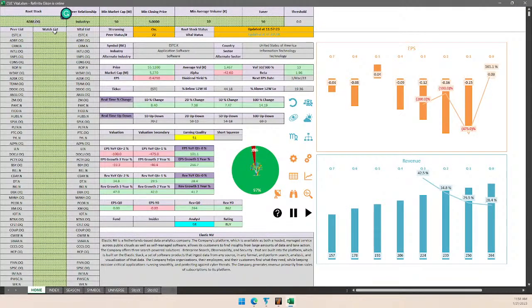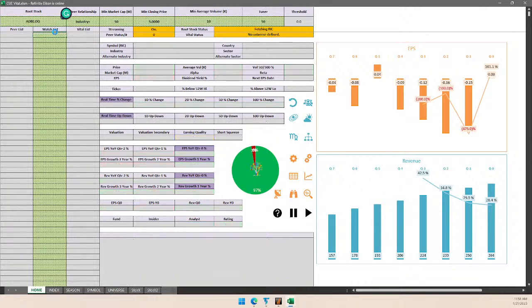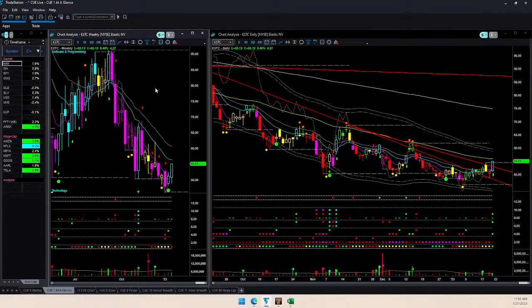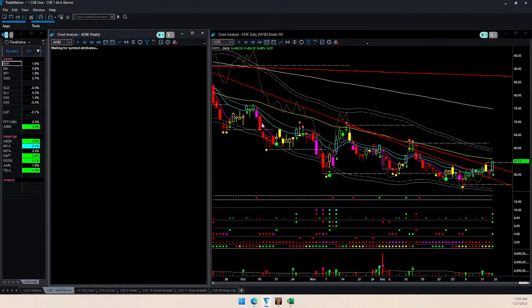One is Adobe. Let's look at its chart. ADBE, Adobe software.